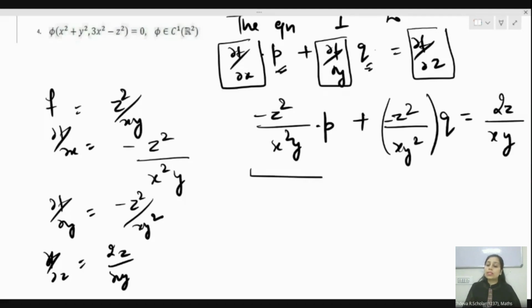Now, this is the required perpendicular family, and we want the solution of this family. We can write the solution by first writing the Lagrange equation.